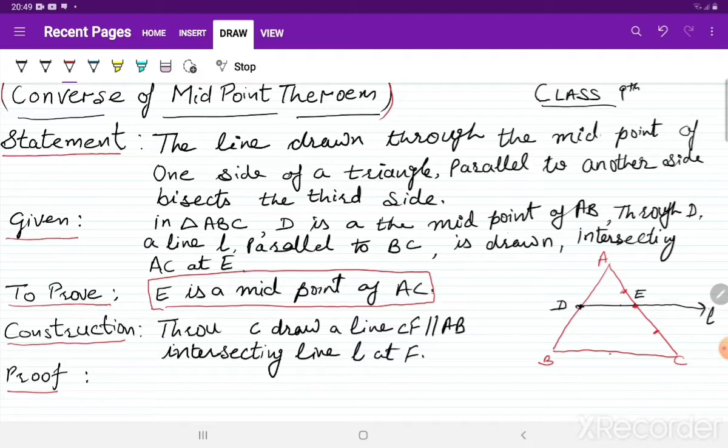So for that, we'll do one construction. We'll draw one line parallel to AB.